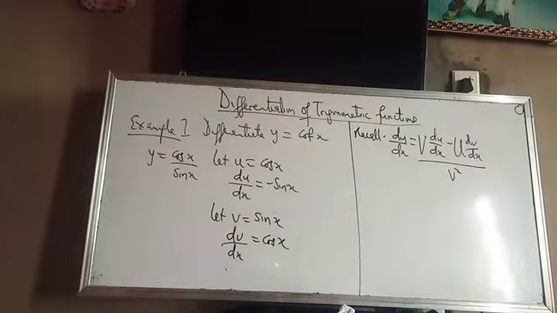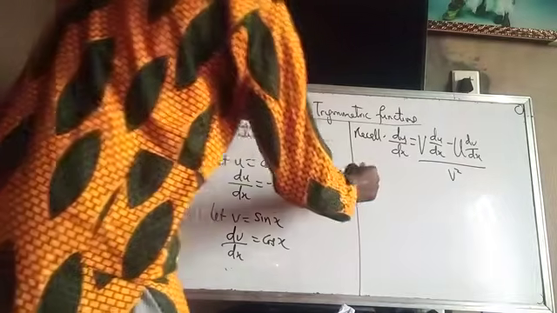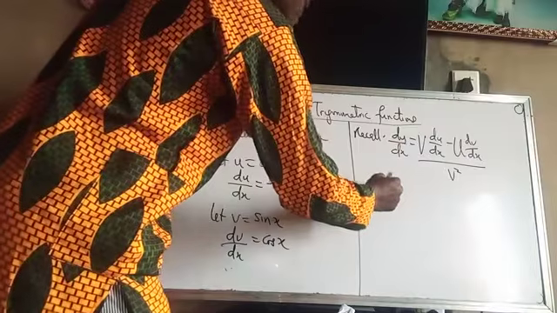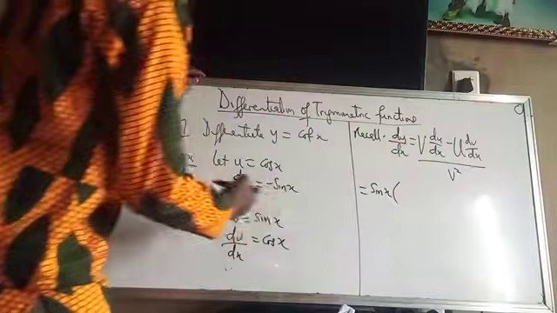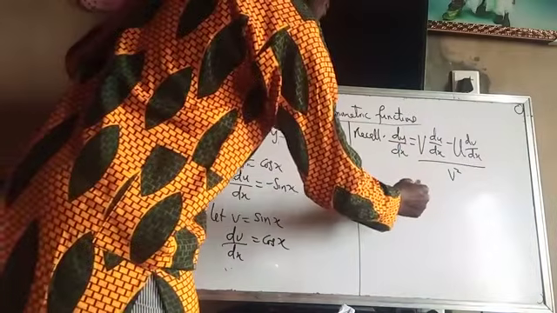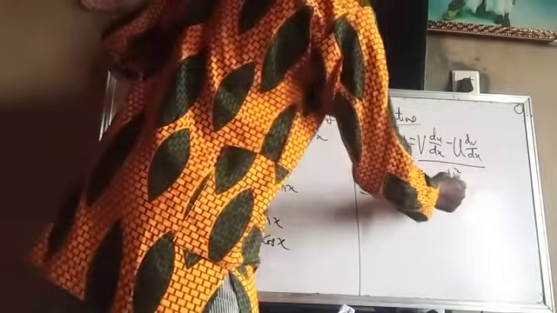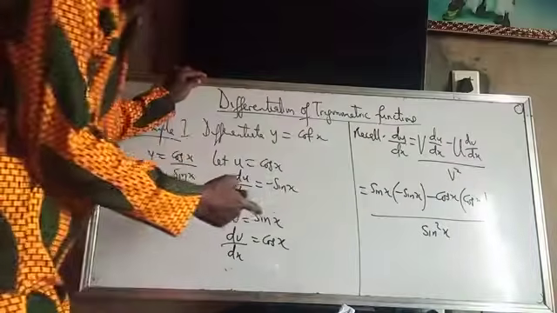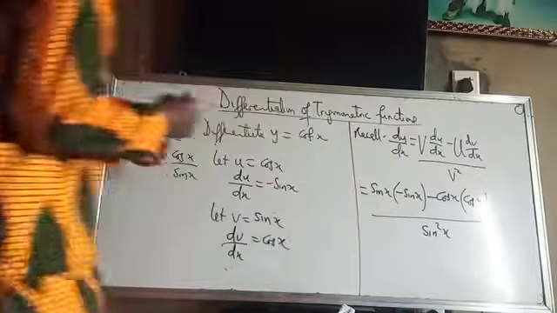That is by quotient rule, which implies that by substitution, your v is sine x into du/dx, minus sine x, then minus your u, which is cos x, into dv/dx, which is cos x. Everything all over v squared, that is sine square x.